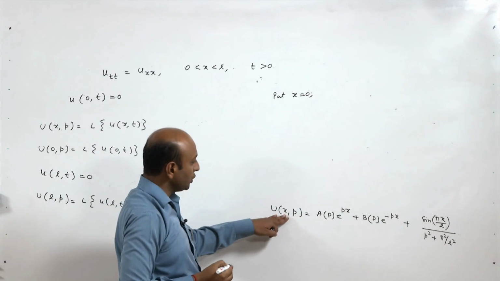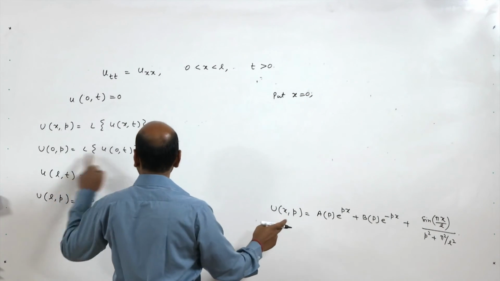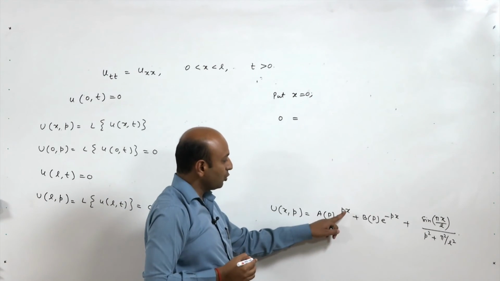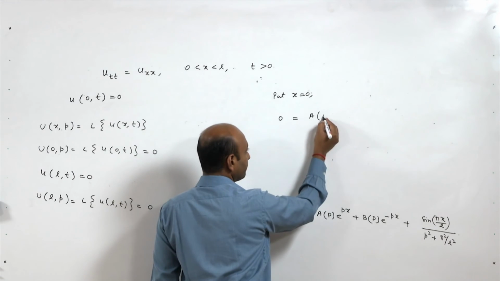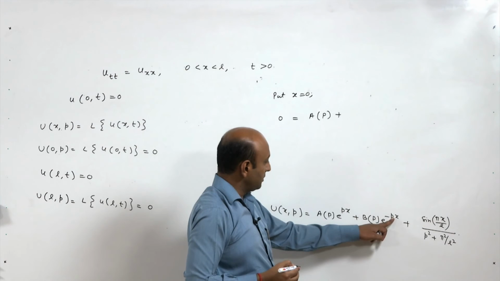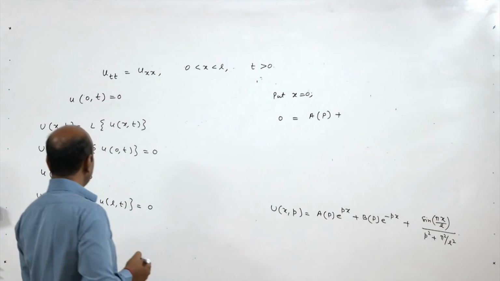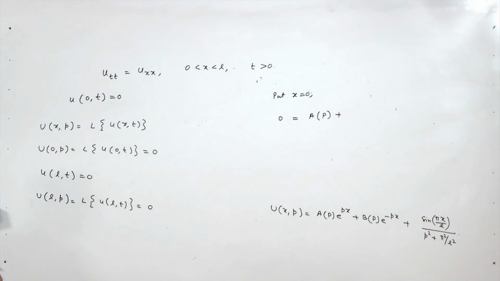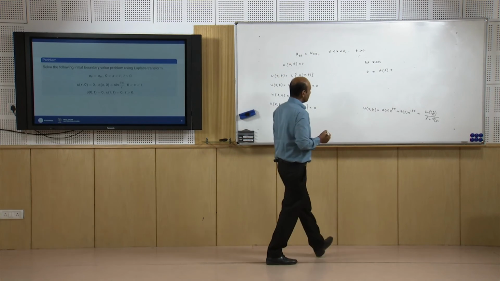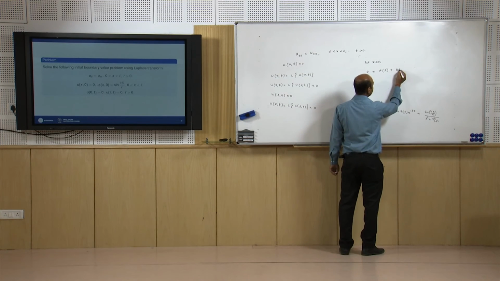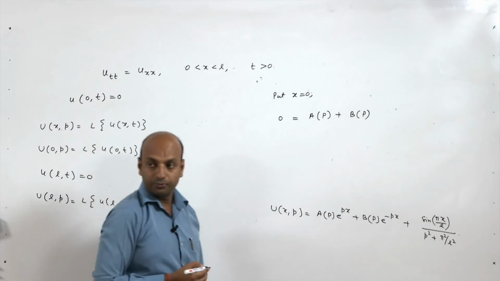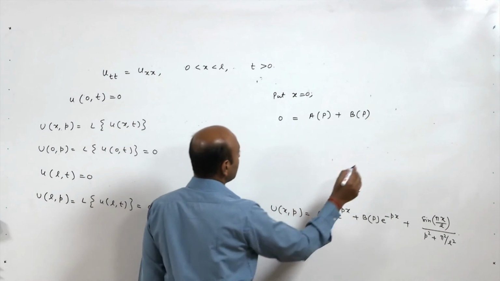When you put x equal to 0 here, the left hand side is nothing but 0. 0 is equal to e^0, which is 1, times A_p, plus B_p, and sin 0 is 0, so it will be 0. Okay. So this is one condition.